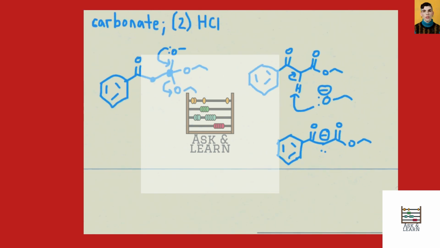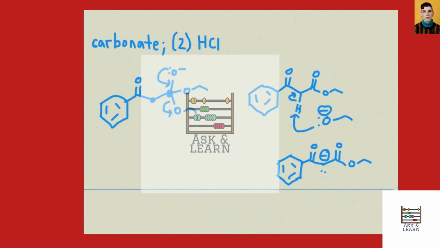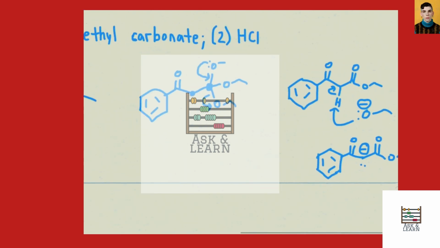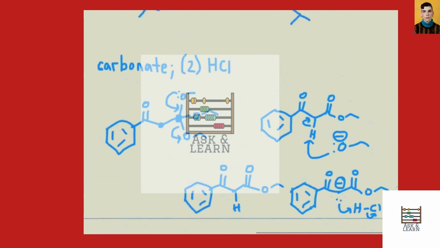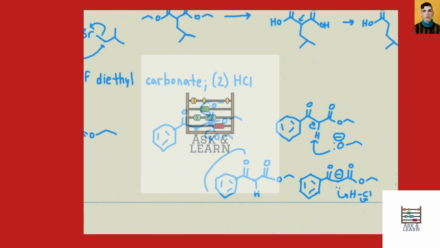The very last step of HCl is simply to protonate that set of lone pairs. So the product is going to look like this, in which we have my ketone over here, my ester group over here, and again, we protonated that set of lone pairs with my very acidic acid, just like that. It's going to have the presence of that extra proton right there. So that will be the final product, and all of these will be the final products of each of these synthesis problems.